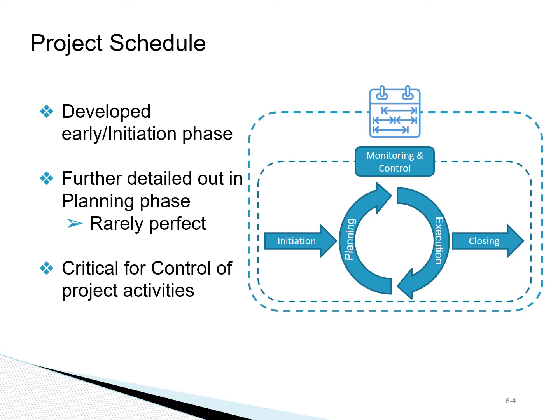The schedule that we have at the end of the planning phase is not perfect, but nevertheless it serves as the baseline for controlling the activities during the project execution to know if we are ahead of various milestones or if we are behind them. And if we are behind certain milestones, we develop actions to get caught up with delayed activities.